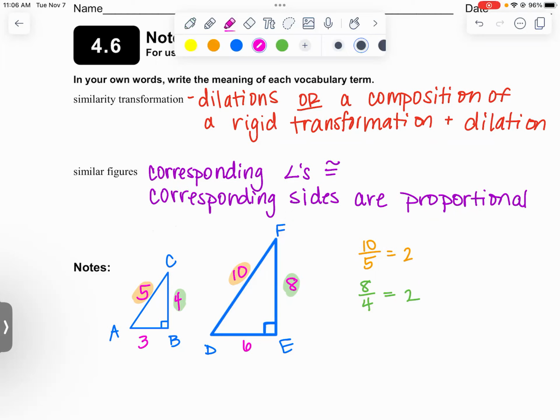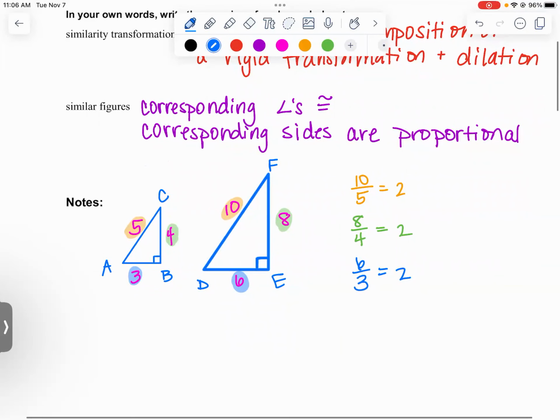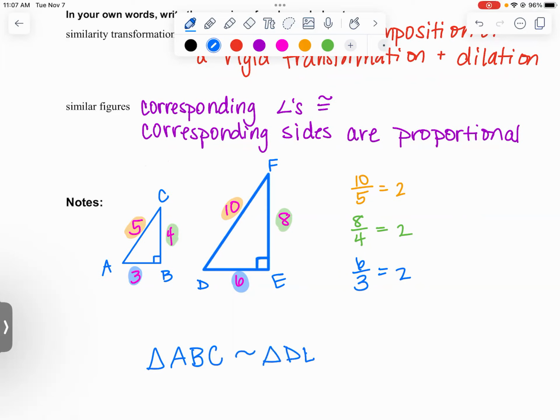If we take 6 divided by 3, we get 2. Since these are the same, that would be our scale factor, right? Our sides are proportional. We would write triangle ABC is similar to triangle DEF.